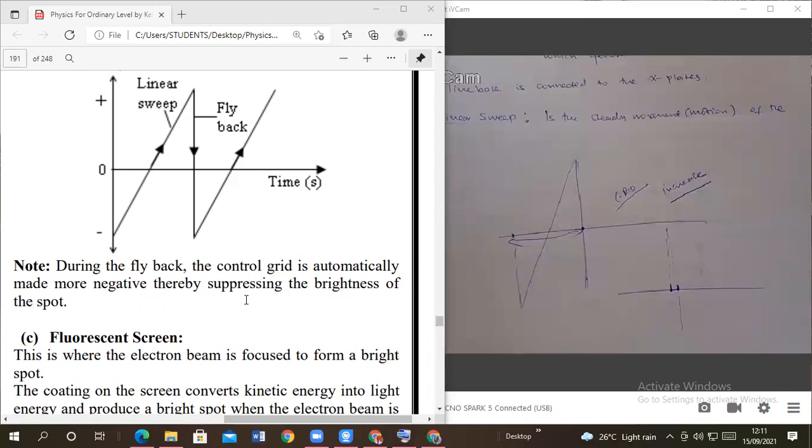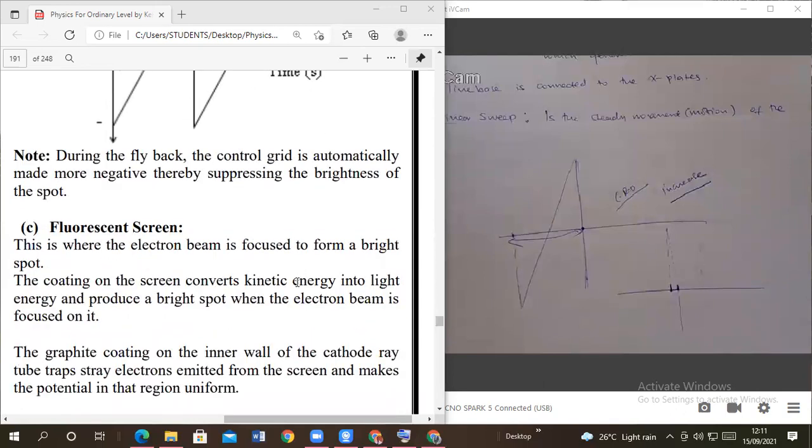We looked at how the grid does that: if it is made more negative, then fewer electrons are allowed to go through the grid and the anode and reach the screen. That means that the brightness is likely to reduce. So that's what they are saying, that if it's made more negative, it will suppress the brightness of the spot. So that's what we call the time base.